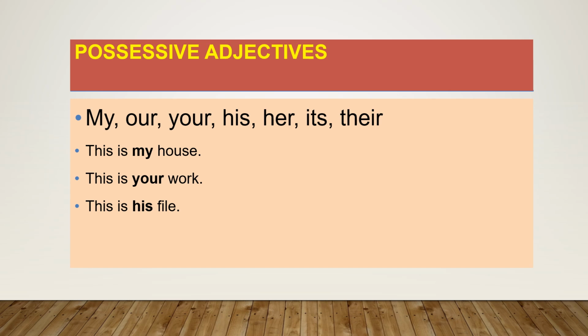This is your work. So work is the noun belonging to the person, you. This is his file. File is the noun belonging to the person who is represented by his. In this way, a word which describes the noun, showing that the noun belongs to this person or this, non-human nouns also like its, then you have the possessive adjectives. They are also called possessive pronouns acting as adjectives.